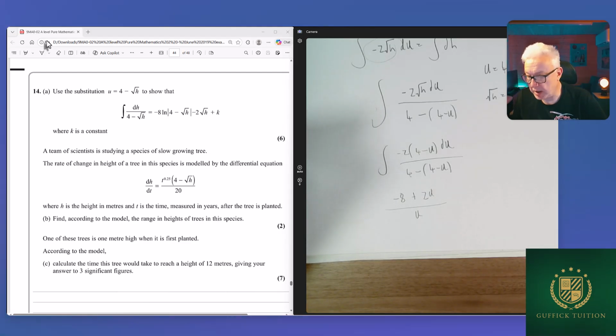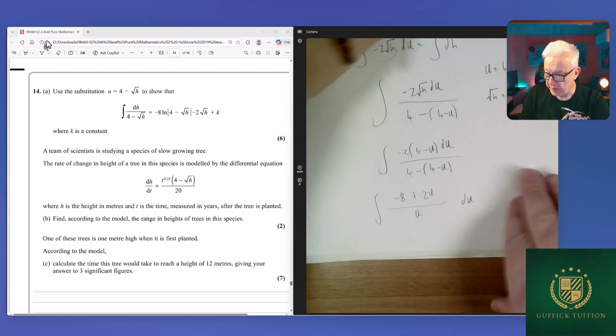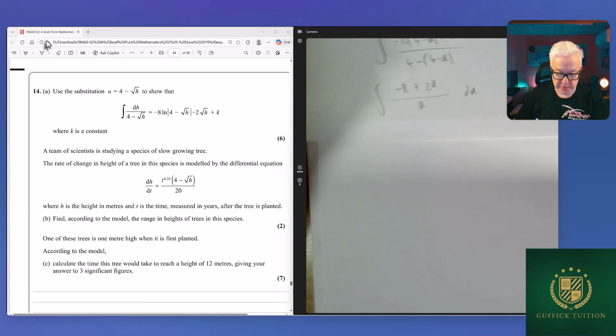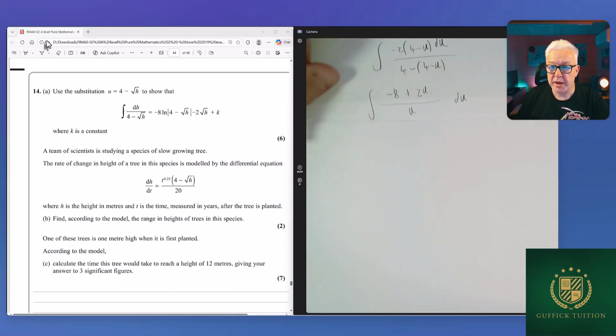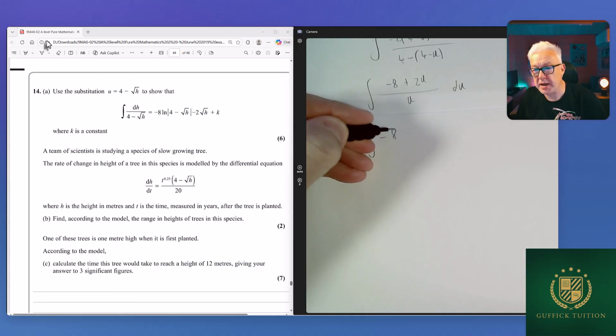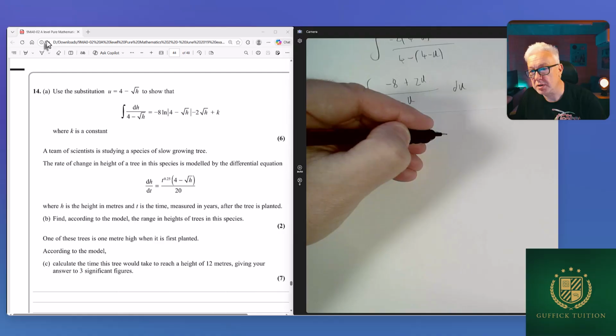So we've now got the integral of minus 8 plus 2u over u, du. Now we can simplify that a little bit more. Let's just break that down. That is going to go to the integral of minus 8 over u plus 2 du.